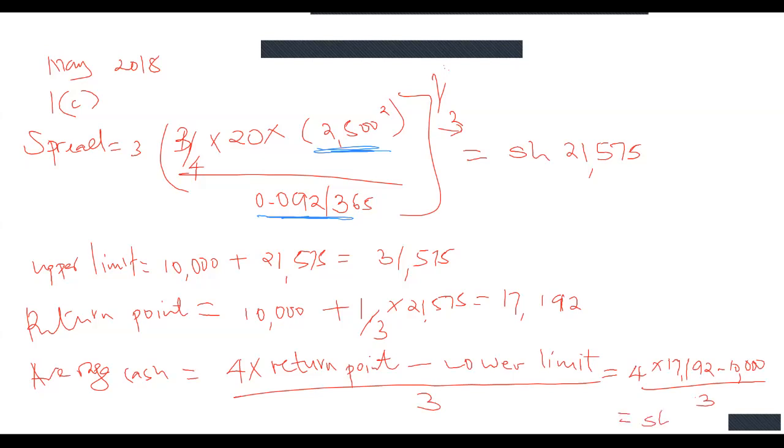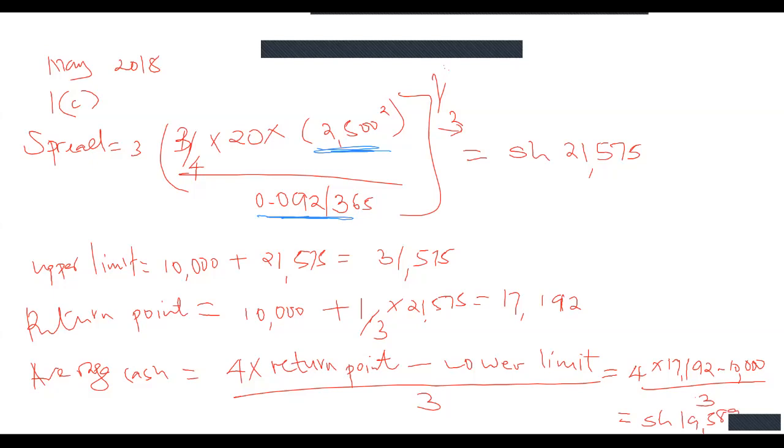So on an average basis, how much cash does this company have if you were to use the Miller-Orr model? 19,589.